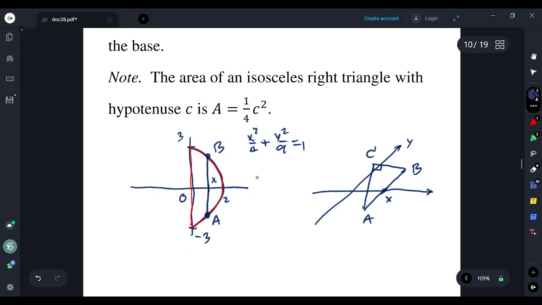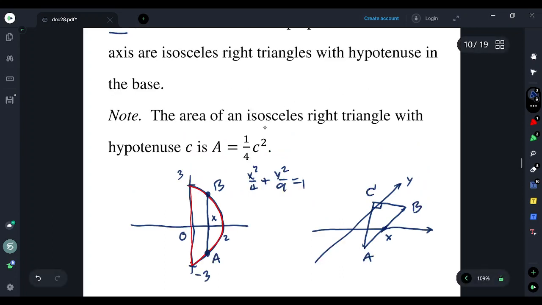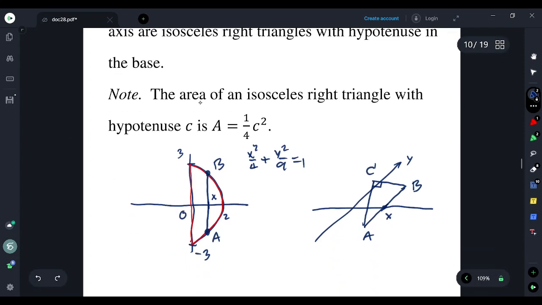There is another given formula that the area of an isosceles right triangle with hypotenuse C is A calculated from 1/4 C squared.